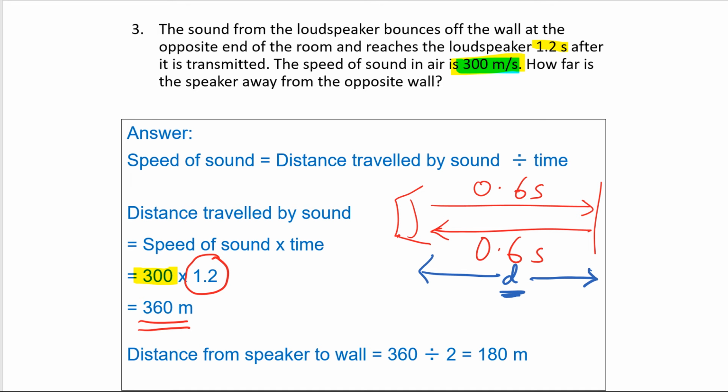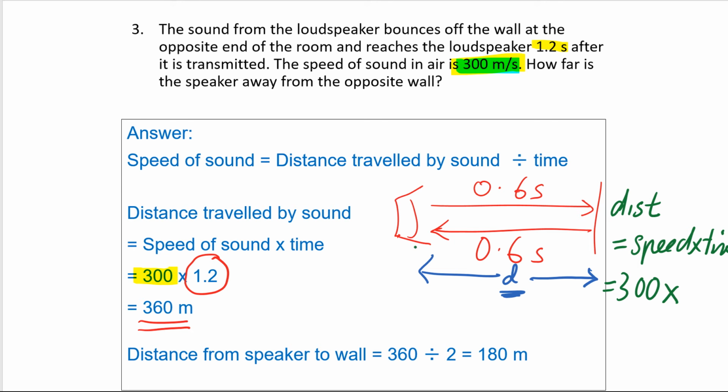Similar to the previous question, it is perfectly alright to do it this way. Okay, there's another way. You can say distance is speed times time. And the speed, again, no change.